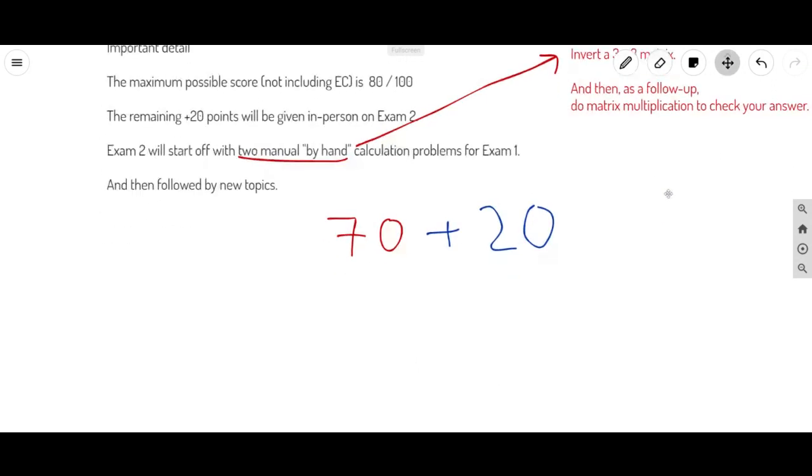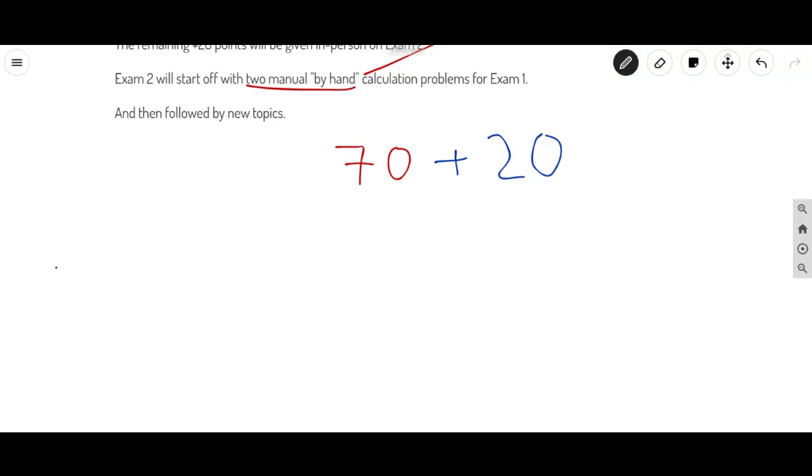Now, after you can see which answers are right and wrong, you can start checking your work for partial credit. And then you'll let me know. So let me give you an example of an acceptable exam dispute.